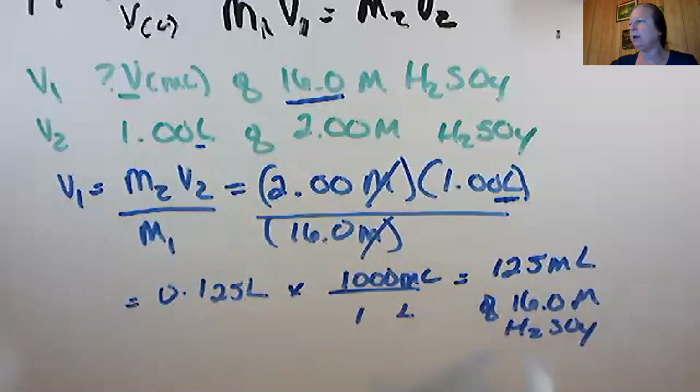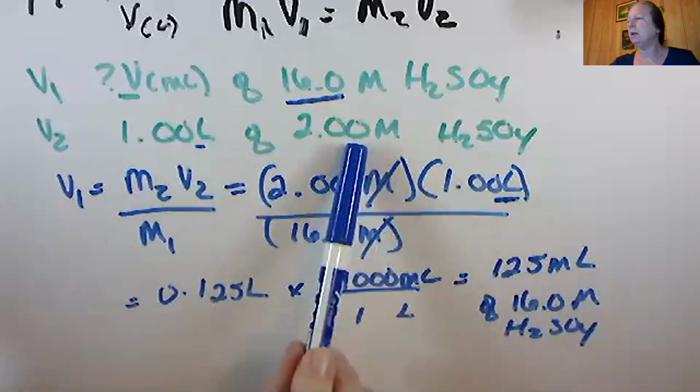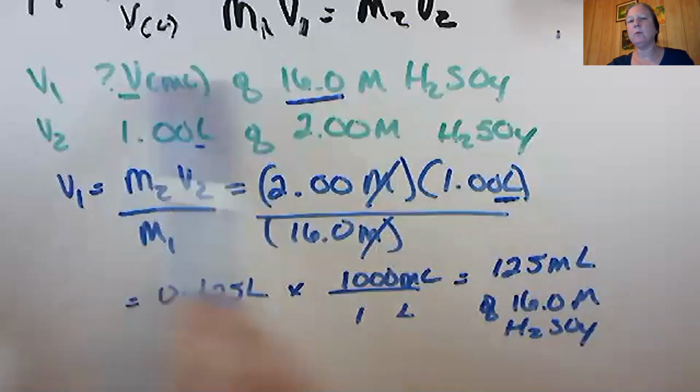So that's how you make a diluted acid solution: you have mostly water, add your acid, do it in a hood, it'll smoke. And then you finish off with the water you needed to make 1 liter, which in this case is your volume. So your volume and your concentration are on one side, and whatever you're looking for is on the other side.